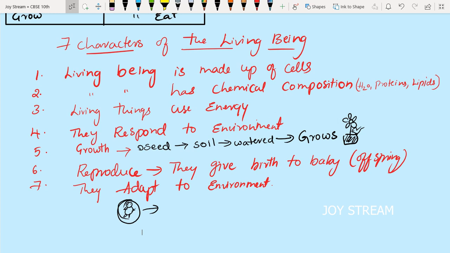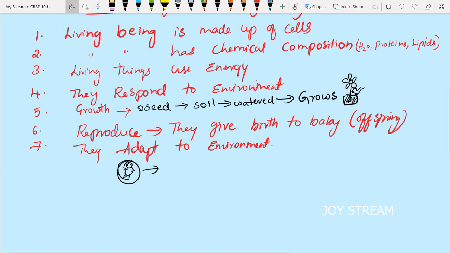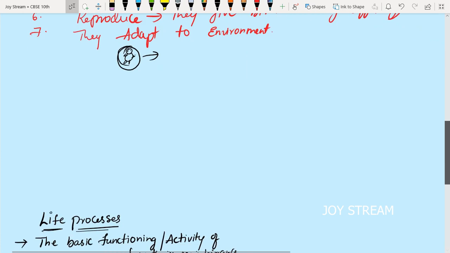So how is an organism composed? I will show you a small flow chart of how that organism is composed. As we saw in the first point, the living being is composed of cells.